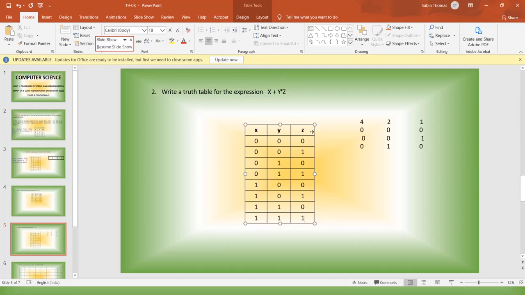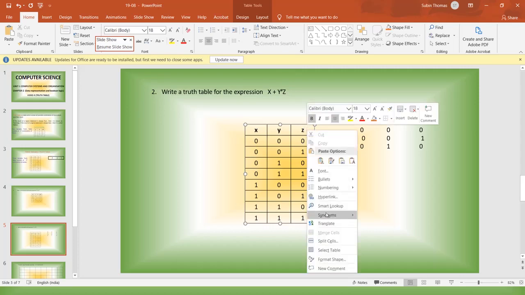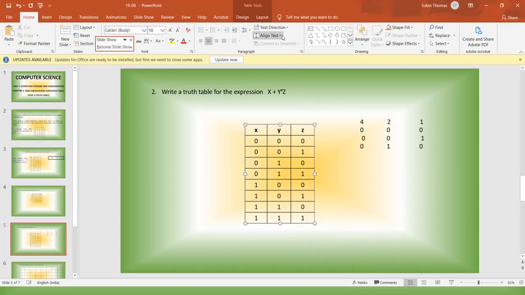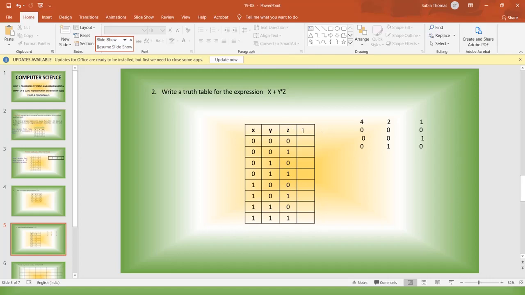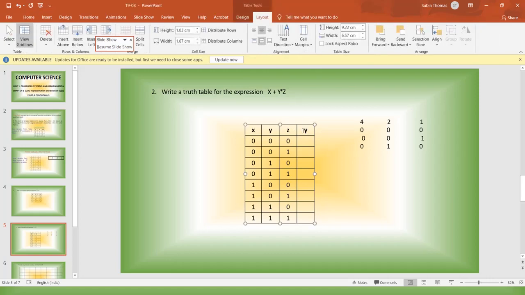So I am going to add one more column here, and that will be y complement. So I am going to write it as y complement.